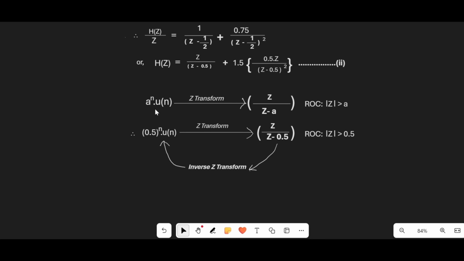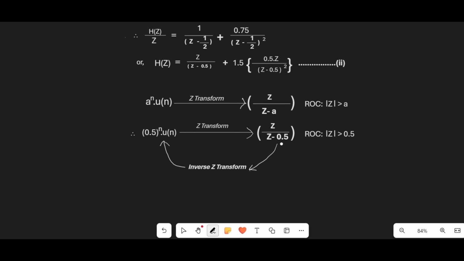If we take the Z transform of a to the power n into u of n, then we find z by (z minus a), and because the ROC is greater than a, that's why we used the right sided sequence, the unit step signal. That means the Z transform of 0.5 to the power n into u of n is z by (z minus 0.5).